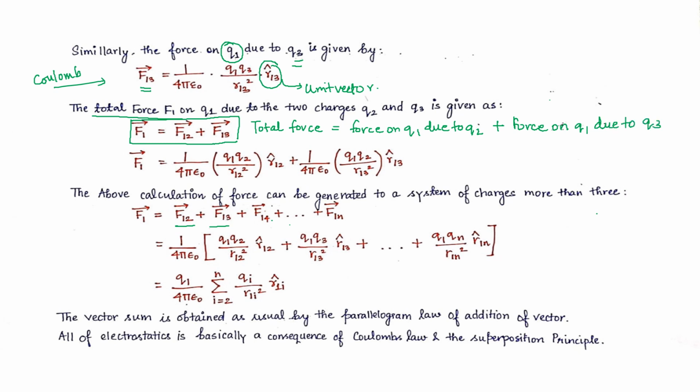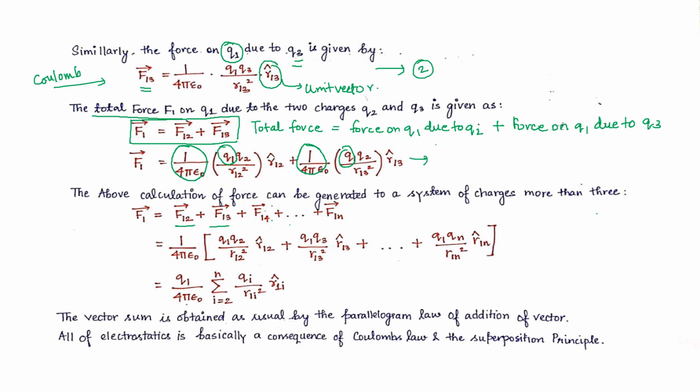So this is our second equation, and in the previous slide was our first equation. We will put these equations over here and take out the common things. One common factor is 1 by 4 pi epsilon naught, and the other common thing is Q1 in both equations.